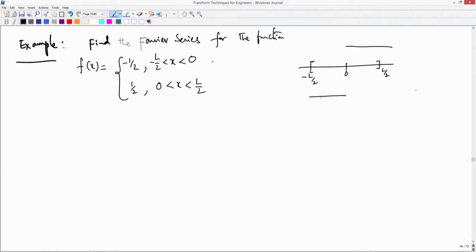So, because of that the given function is a piecewise differentiable function. Piecewise, in fact, it is a continuous function. So, we will write piecewise differentiable function.